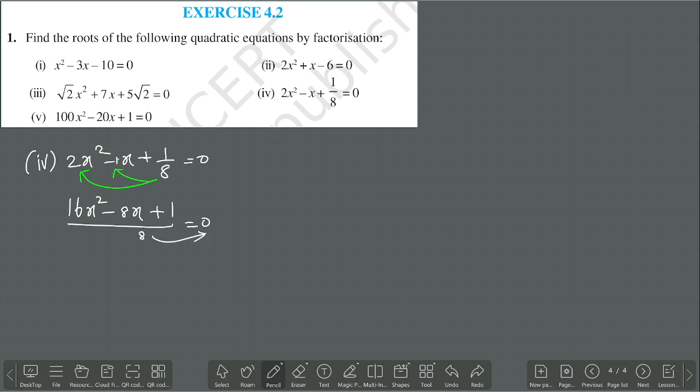When 8 goes to the other side it will be 0. So 16x square minus 8x plus 1 equal to 0.